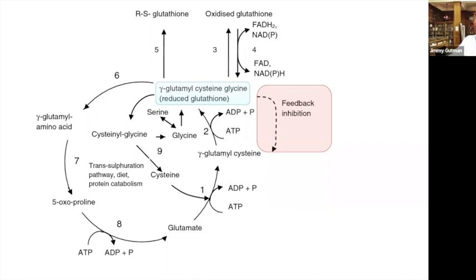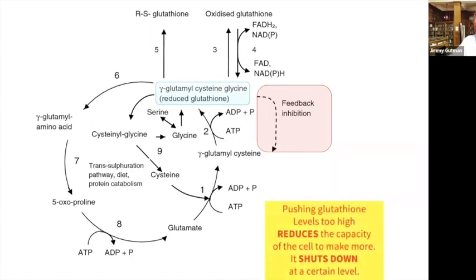Your cell is told that it has enough glutathione, and it shuts down production. So a cell will make a pre-programmed amount of glutathione and no more. Now, because cancer cells already have a super high level of glutathione, it takes only a little bit of precursors to shut down production through negative feedback inhibition.